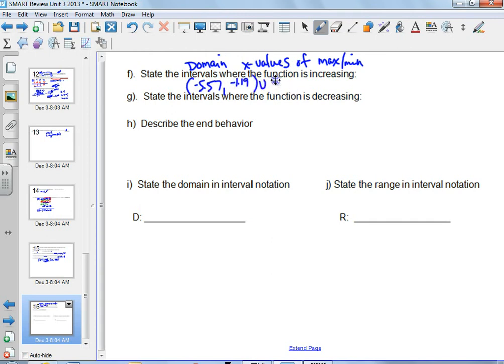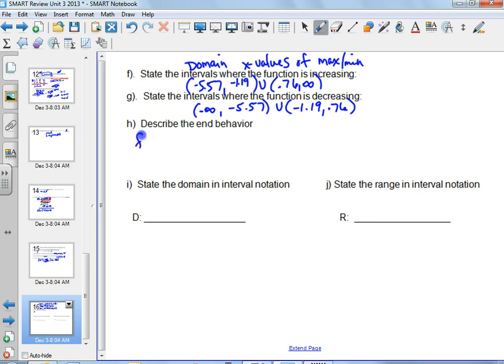Union, the next time it's decreasing is from 0.76 to infinity. And then the intervals for where the function is increasing is from negative infinity to negative 5.57. And also from negative 1.19 to 0.76. Notice the only numbers that I listed besides the infinities were the x values of your max and your min.